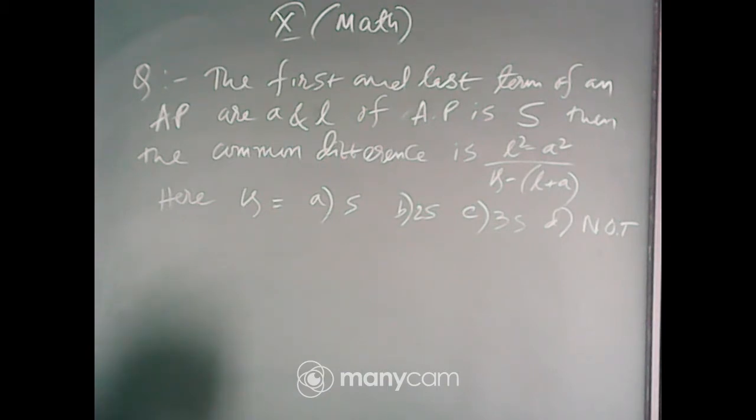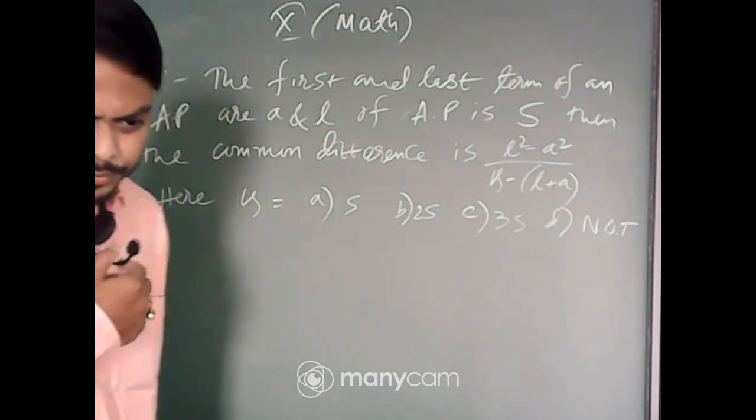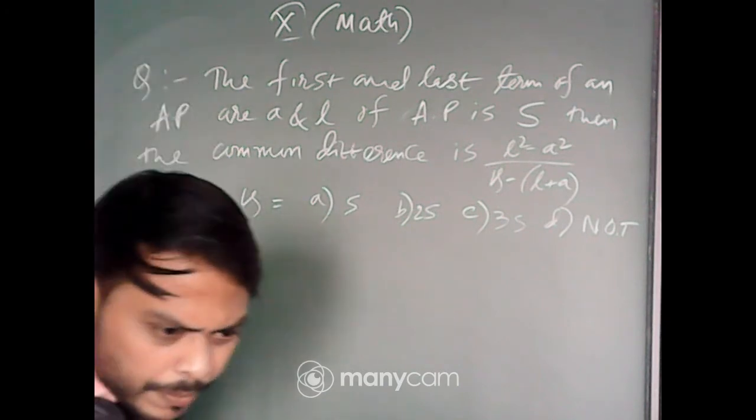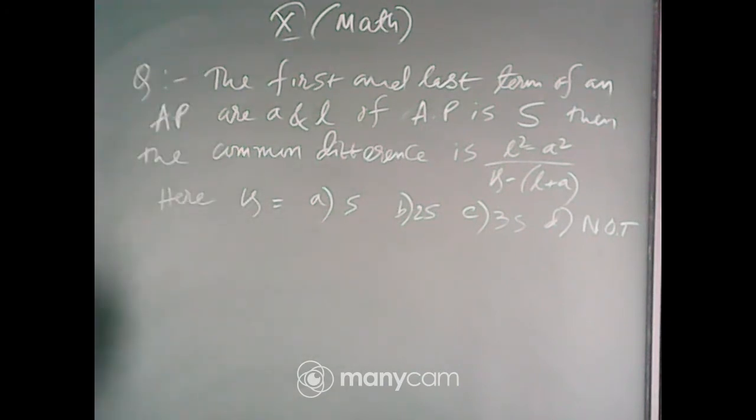Then d equals to (L minus a) by (n minus 1). Now we are putting the value of n here. Then it is 2S, and (L square minus a square) by (2S minus (a plus L)).